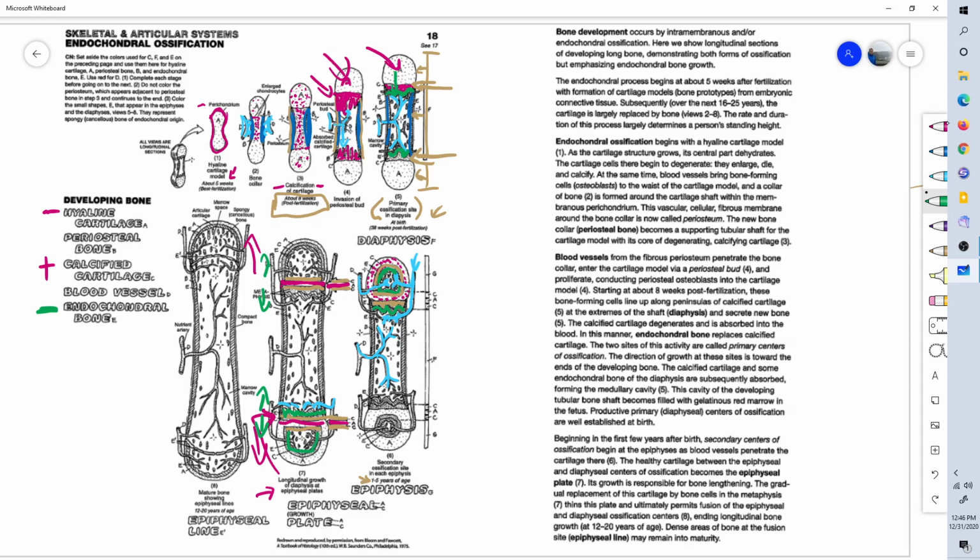And over time, as you grow older, as a child grows into an adult, these new osteoblasts begin to lay down their bone and absorb the calcified cartilage and lay the bone down until there is no epiphyseal plate left.